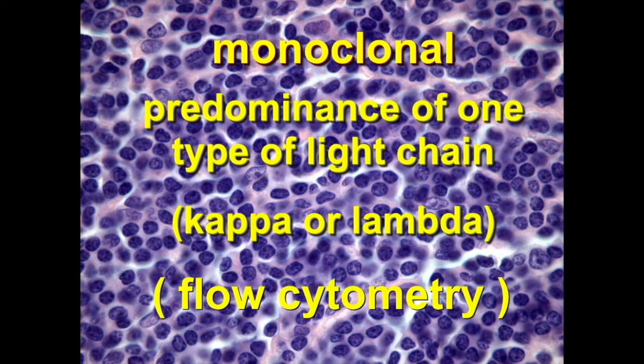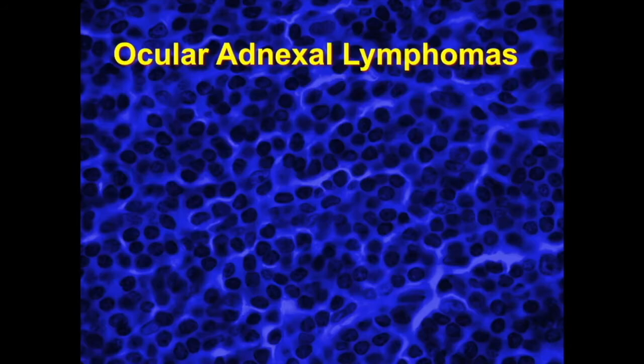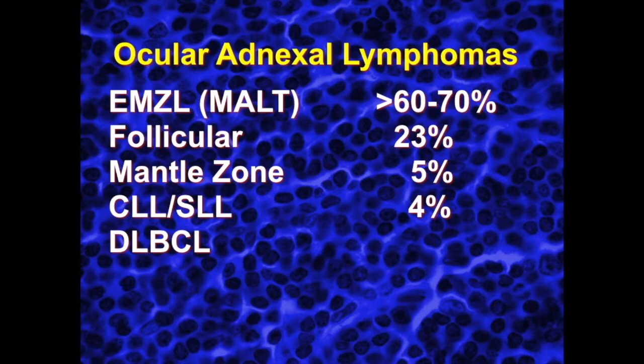And so a lot of times we have to do other sorts of immunohistochemistry to confirm the diagnosis. Again, 60 to 70% of ocular adnexal lymphomas are these extranodal marginal zone lymphomas or MALT lymphomas. We do see follicular lymphomas, we see mantle cell lymphomas, we see rare cases of chronic lymphocytic leukemia or small lymphocytic lymphoma, and rare cases of large cell lymphoma.